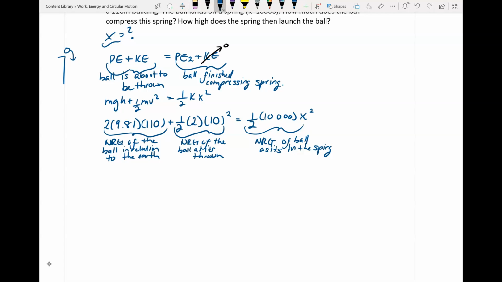So we need to rearrange and solve for x. 2 times 9.81 times 110 is going to give us, then I'm going to divide both sides by 5,000.